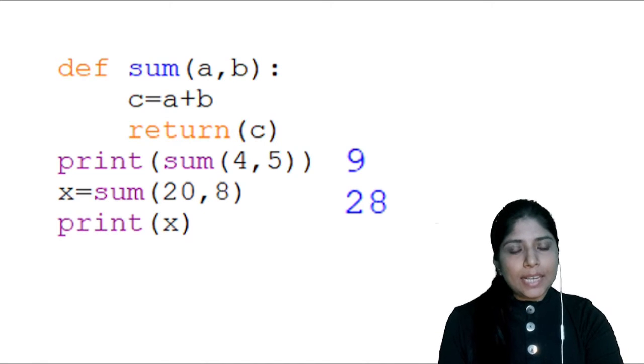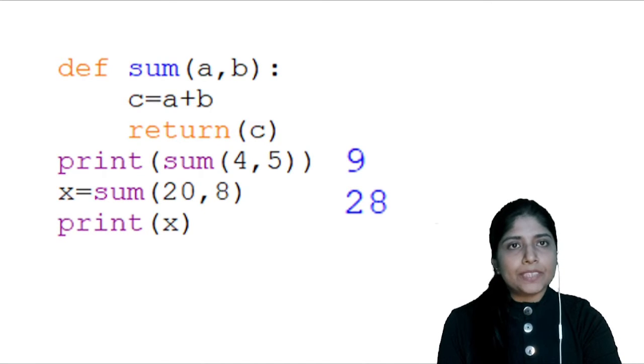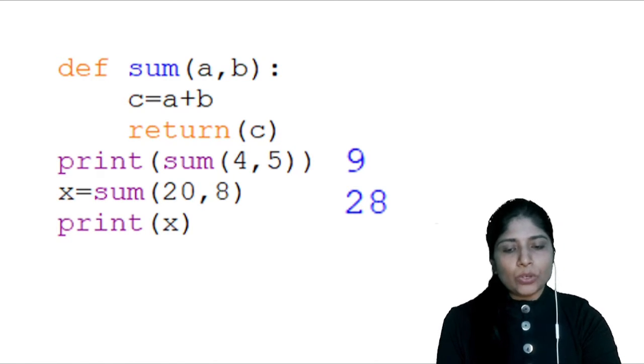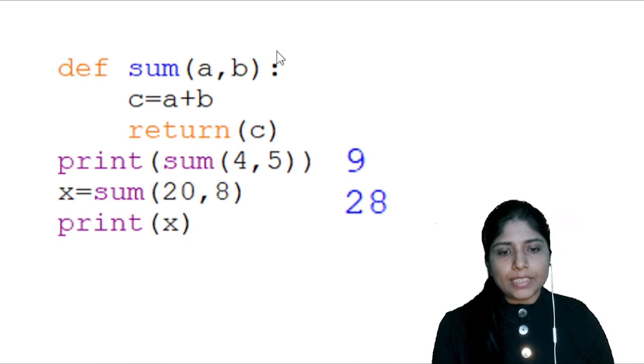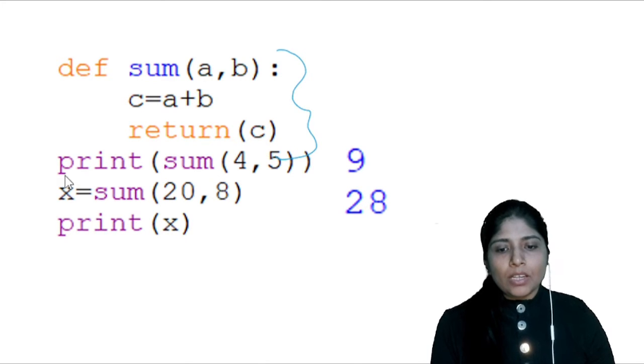Now let us see an example. def sum(a, b): c = a + b, return c. So here this function is calculating the sum of two arguments a and b and returning the result to the caller. Now see, my main program starts from here.